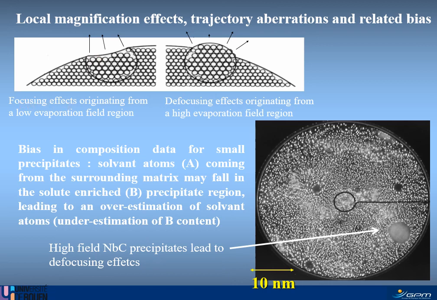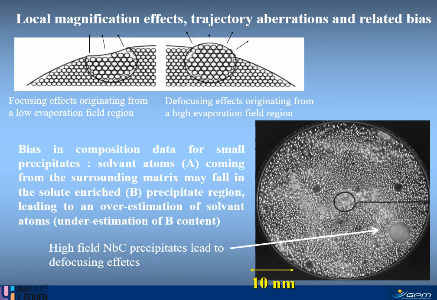In contrast, when you've got a high evaporation field region, a precipitate that has a high evaporation field, you've got defocusing effects. So clearly the trajectories are influenced by the local electric field and, of course, of the local curvature. So this leads to problems and bias in the composition measurement.